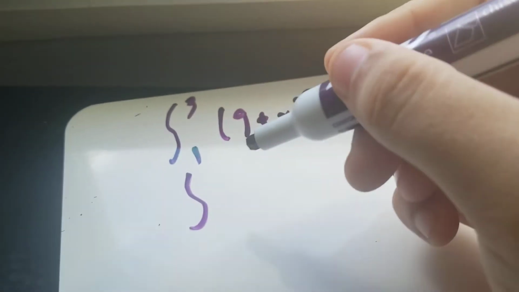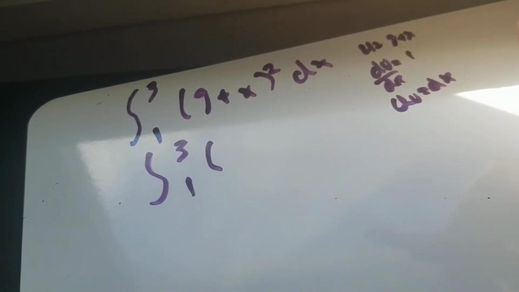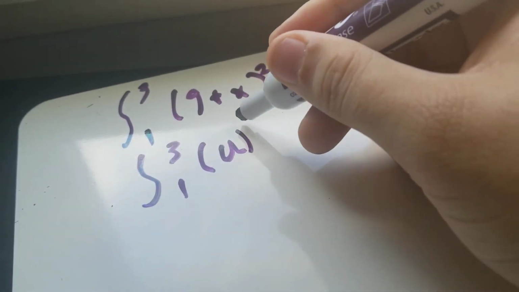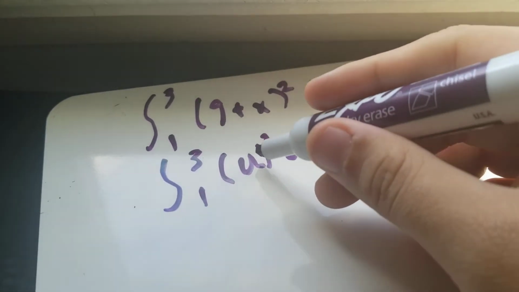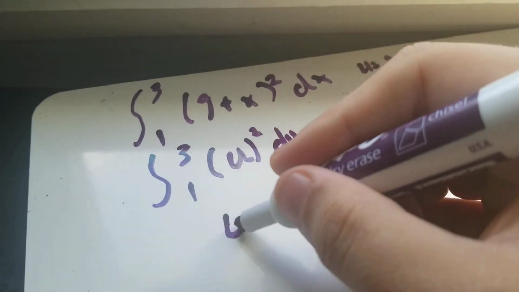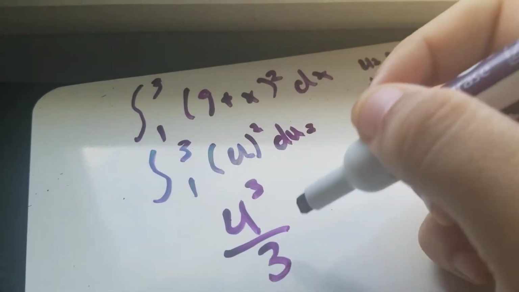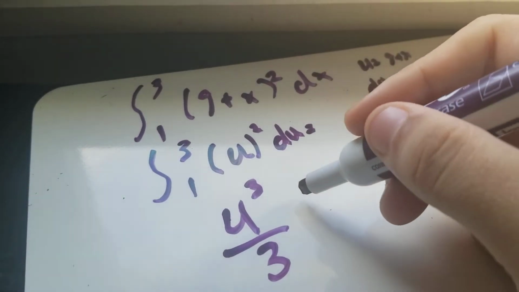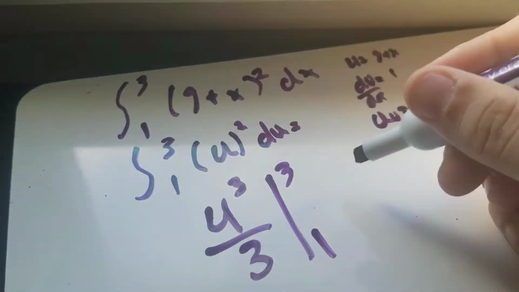So from 3 to 1, this is just u squared du. And no issues there. To integrate that, that is going to become u to the 3rd power over 3, because you raise the power and divide by the new power, from the range of 3 and 1. But before I do that, I have to plug it in.